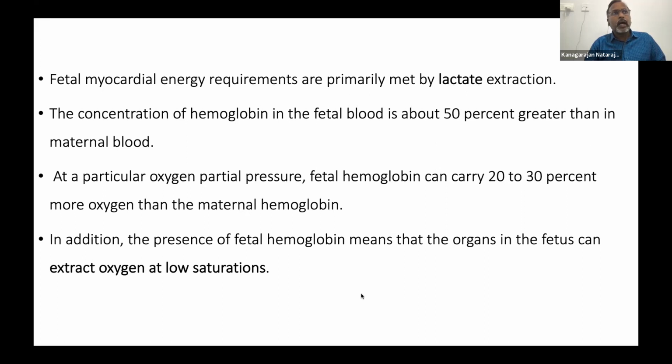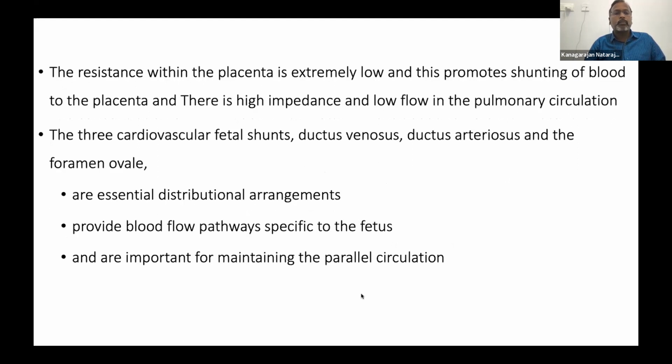The advantage is that at any given P50, that is the partial pressure at 50% saturation, the fetal hemoglobin can carry more oxygen than the maternal hemoglobin. So the fetal organs can extract oxygen even at low saturation. Then we know that the placenta is a low impedance, high blood flow system, in contrast to the pulmonary circulation, which is high impedance and low flow, because there is literally no flow in the pulmonary circulation in the fetus.